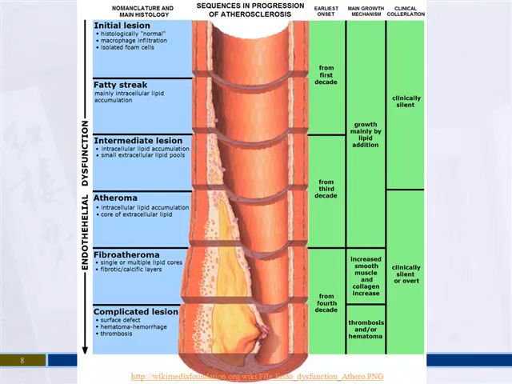And then on this side, we see when this starts, and we begin to see these fatty streaks from the first decade of life. An early study that was done following the Vietnam War, when soldiers were killed in action, they did autopsies on them and found evidence of atherosclerosis.